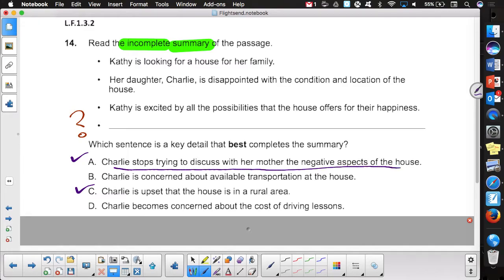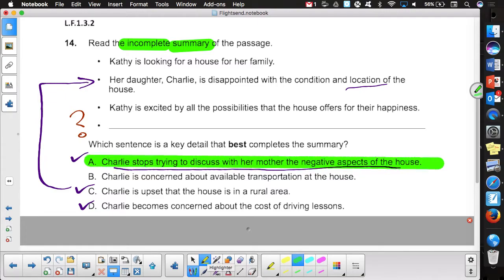Stops trying to discuss with her mother the negative aspects of the house. Is she upset that it's in a rural area? Yes. And I would say with C, what do we kind of already have? The location of the house would be that it's rural. I could also see some folks maybe mentioning D because she concerns about the cost of driving lessons at the end of the passage. But that overall summary, the answer you're going to go with is A.